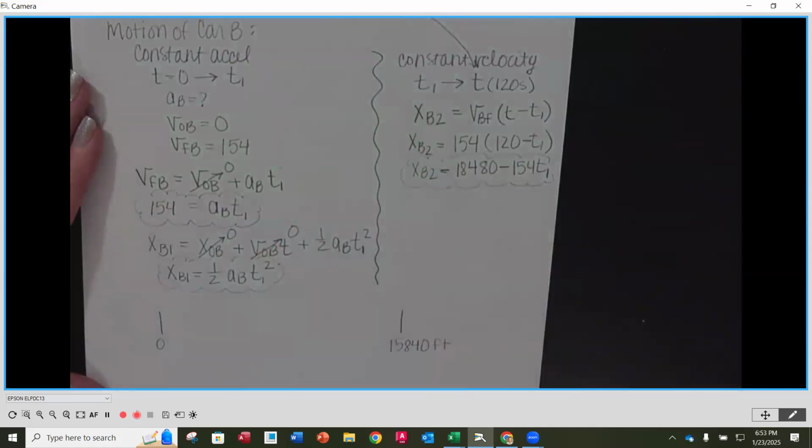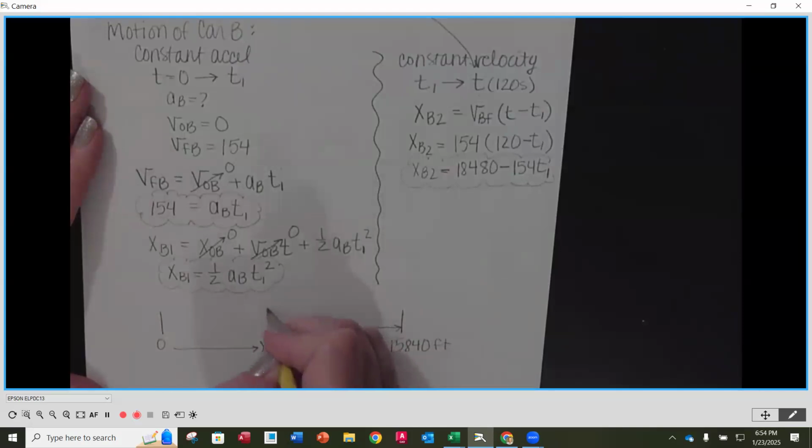In between, we've got a distance. This distance right here is our XB1, from here to here, and our XB2 goes from here to here.